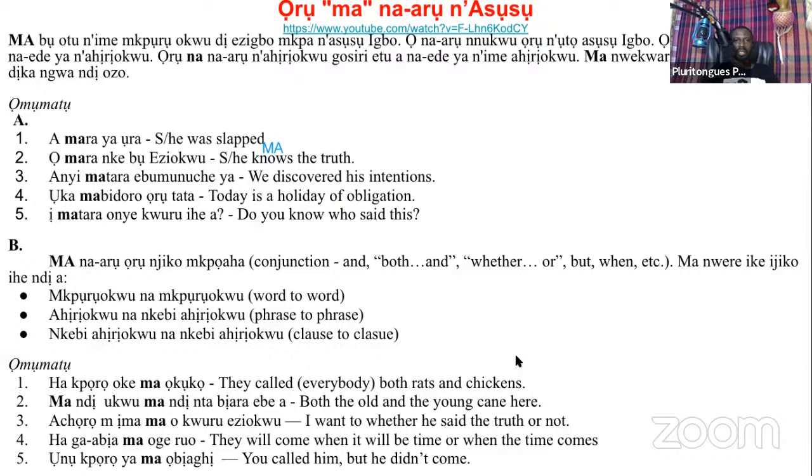So its function determines how it's written. Ma nwekwara ntensi dị iche iche dịka ngwa ndị ọzọ. Right, so here it's saying that ma has different tenses, just like other verbs that will have present tense, past tense, future tense.